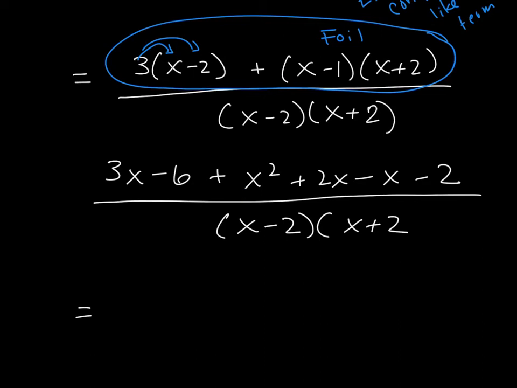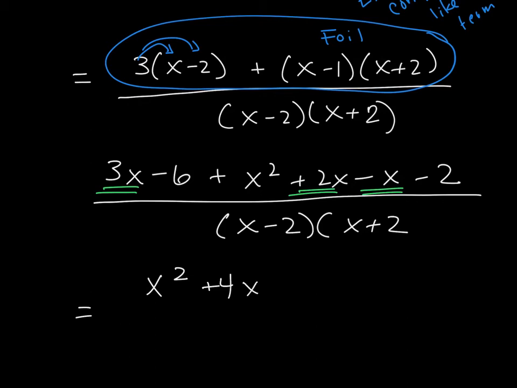So my x squared term is first. So that's x squared. Next, I'm going to take all of my values of x. That's 3x plus 2x, which is 5x, minus x. So that's going to be a positive 4x.